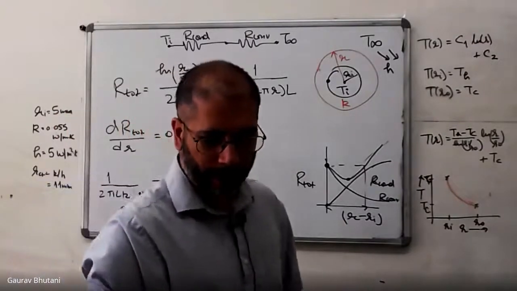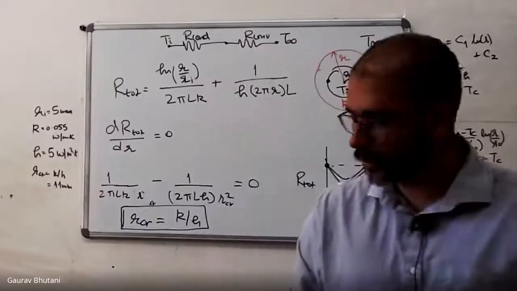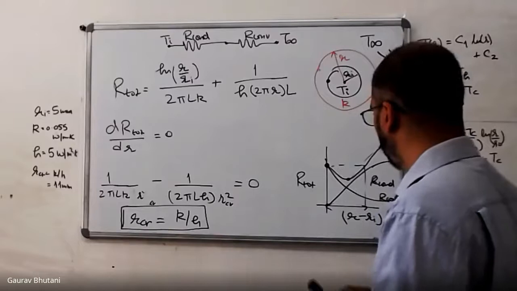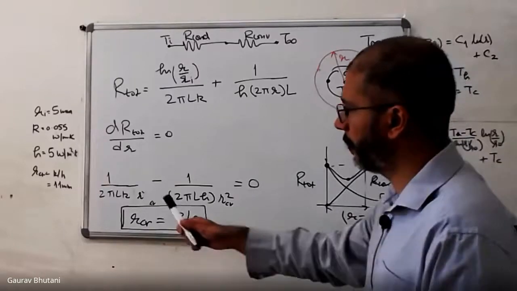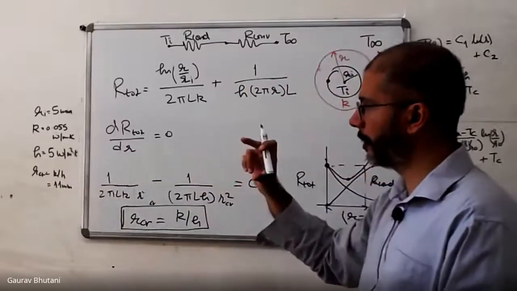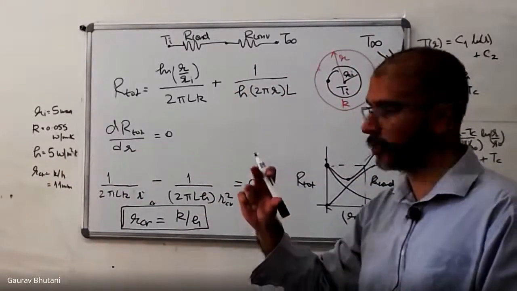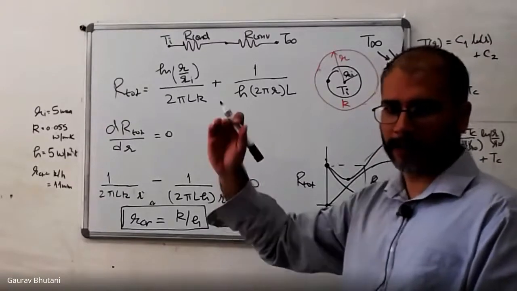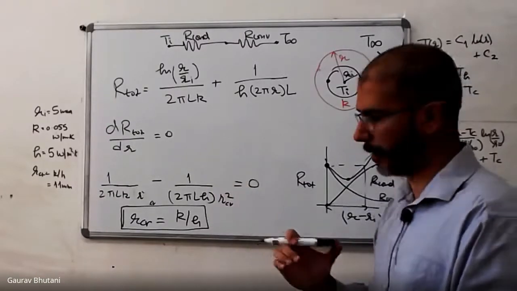So in this case, r minus Ri, we have 5 and 11. If you add an insulation of 6 millimeter thickness, that's the worst case scenario. And then when you add it further, you will start increasing your rate of heat transfer again.